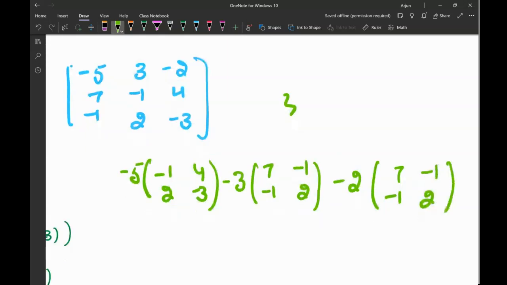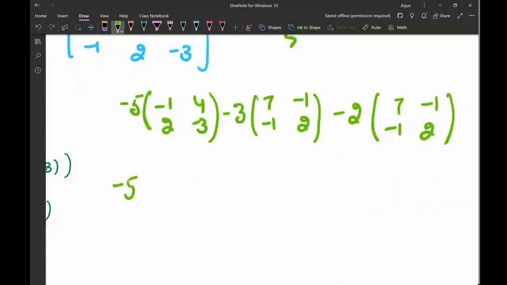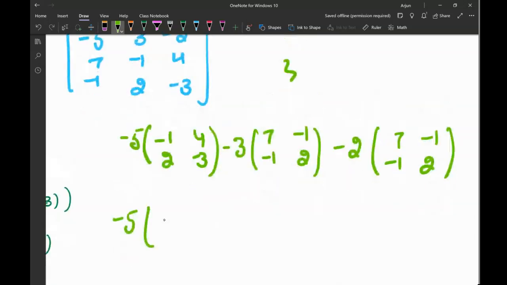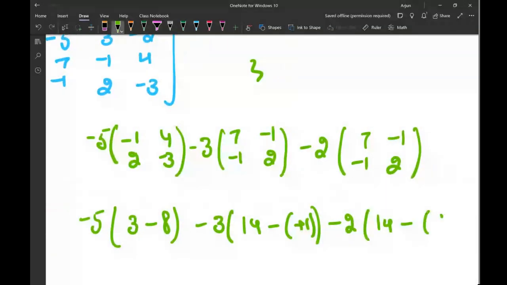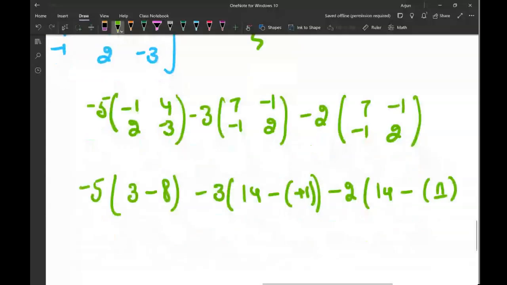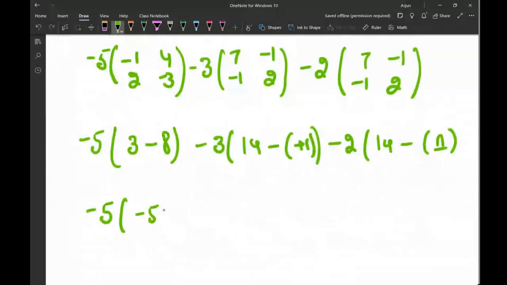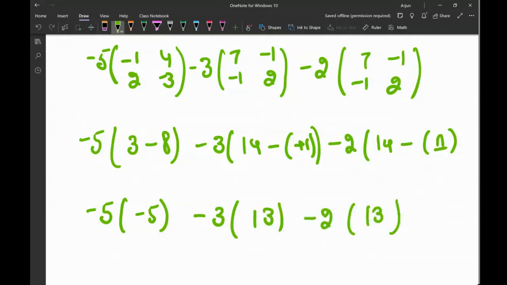Now I'm going to try and simplify this one. Minus 5 times, this is going to give me plus 3 and minus 8, and then the next term will be minus 3, this will be 14, and minus plus 1, and then minus 2, and then this will be 14 minus plus 1. And now minus 5, this will be minus 5, and this is minus 3, and then this is 14 minus 1 is 13, and then minus 2, 14 minus 1 is 13 again.